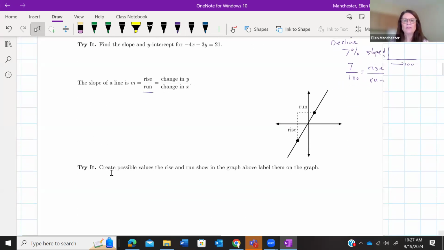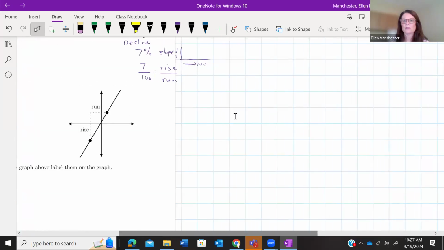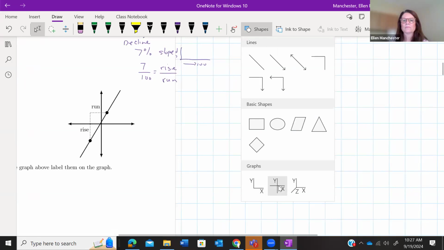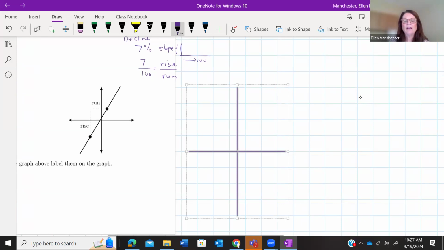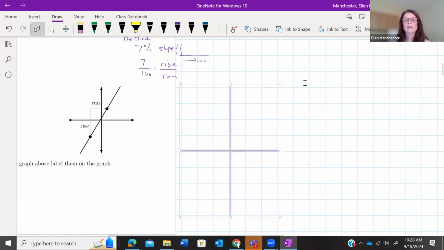If I were to graph this, there was a y-intercept, right? So the b was 2, the slope was -3/5. So I'm going to put my point at 2. That's my y-intercept.